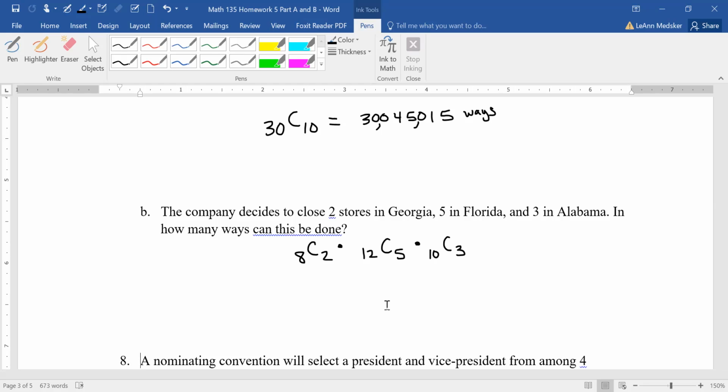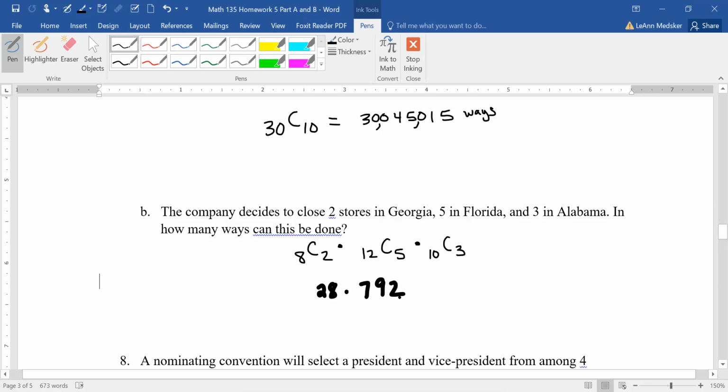So 8 choose 2 is 28. So I'm just going to write down my answers for each part. 12 choose 5 is 792. And 10 choose 3 is 120.